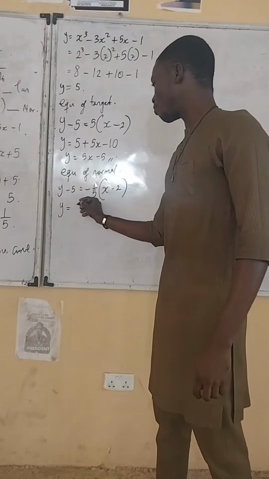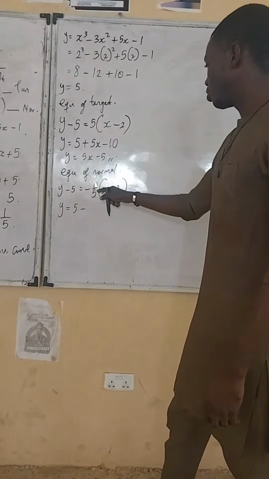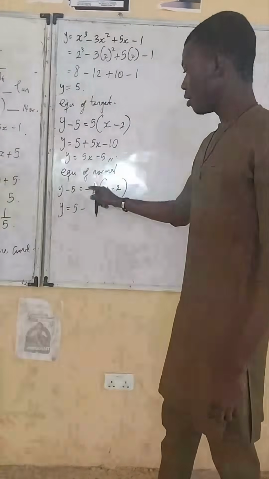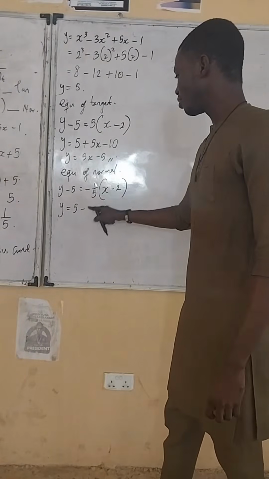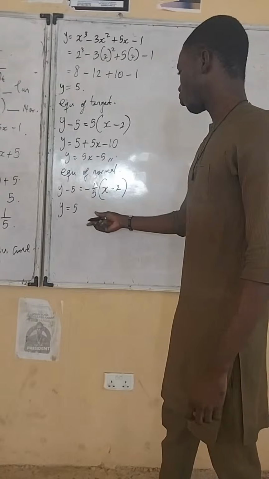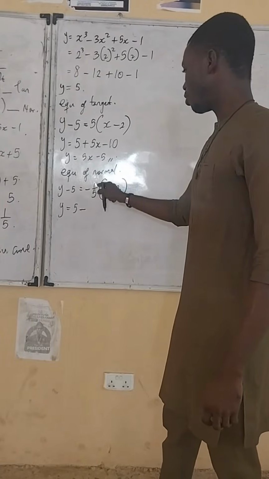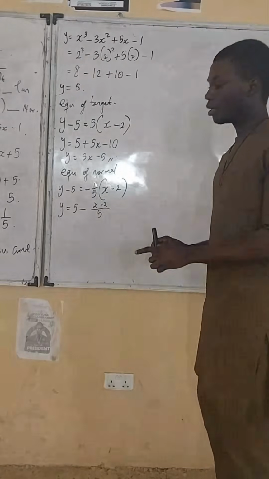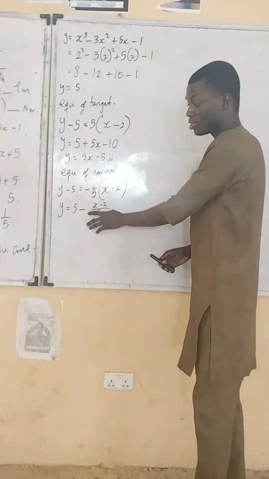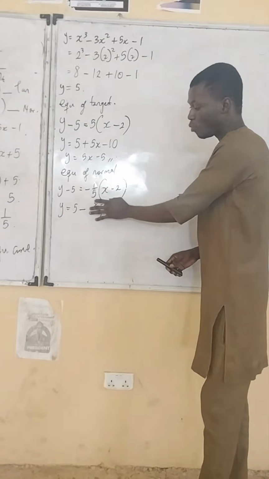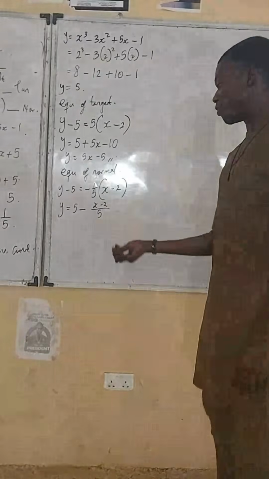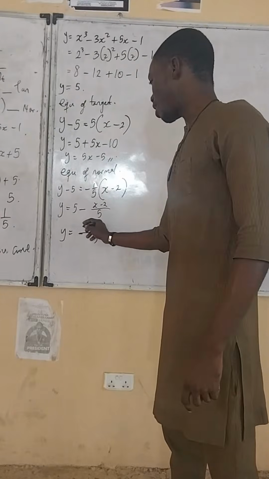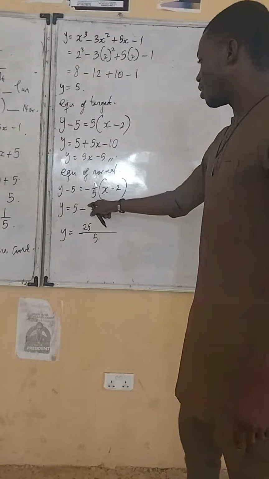So y equals 5 minus, then we have x minus 2 over 5. Only 1 is multiplying this, and the minus stays as it is. Now we find the LCM between the two. y equals 5, and 5 times 5 is 25. This minus will not affect the two of them.